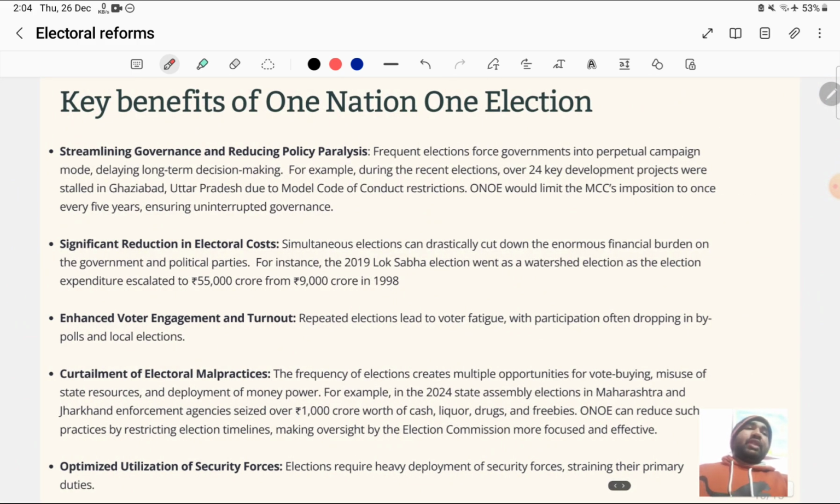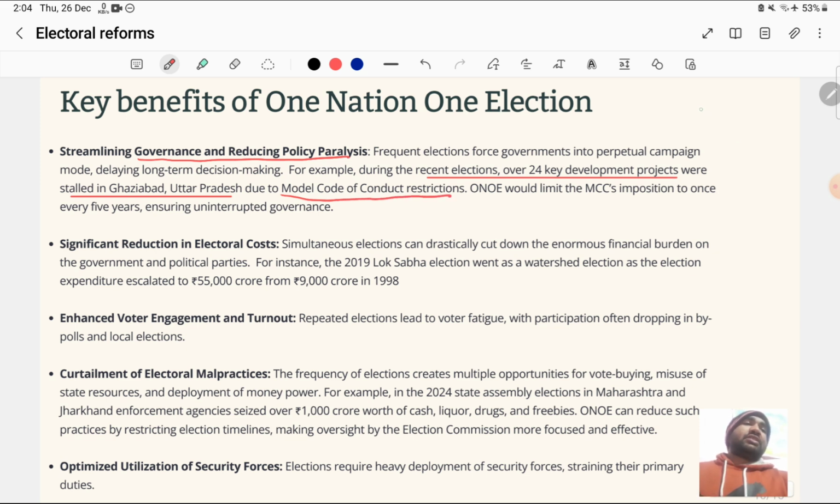Now, what are the benefits of One Nation, One Election? So, first of all, streamlining governance and reducing policy paralysis. For example, in recent elections, over 24 key development projects were stalled in Ghaziabad, UP, due to Model Code of Conduct restrictions.